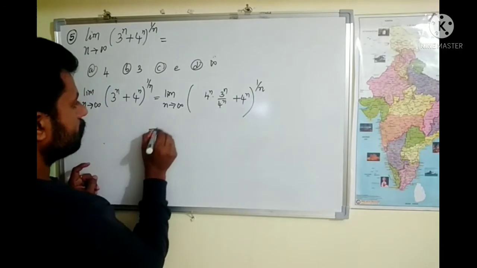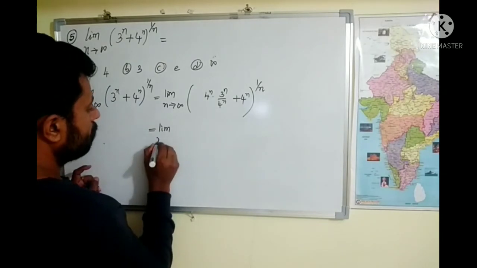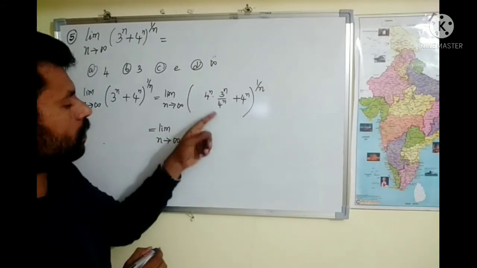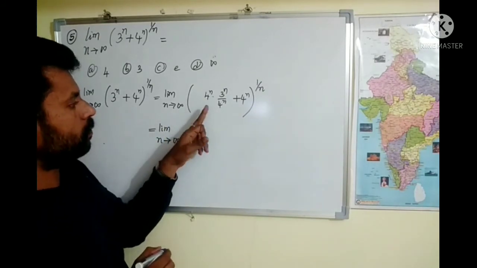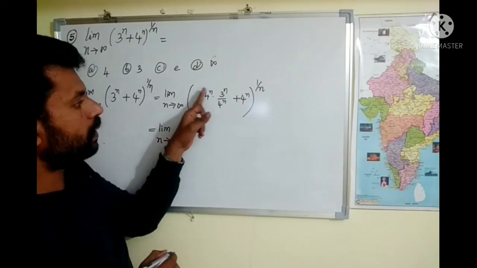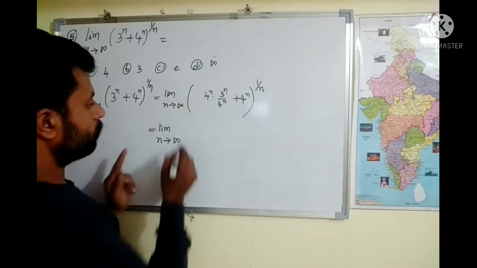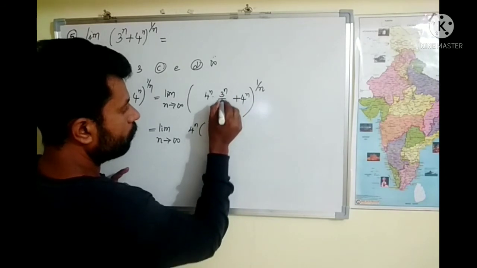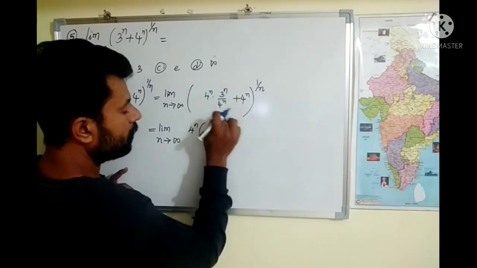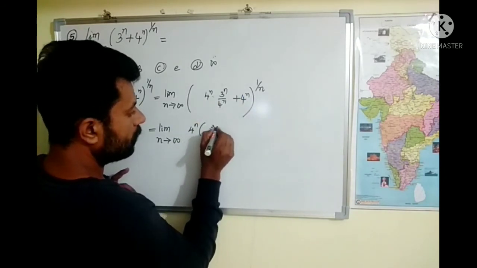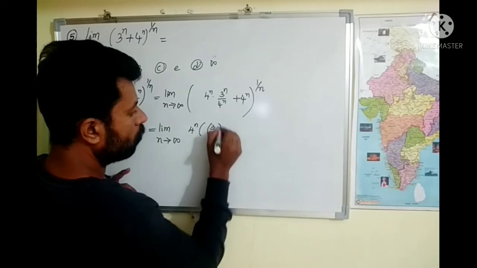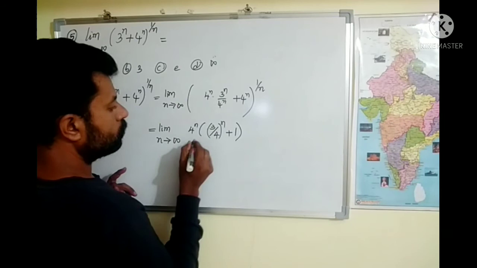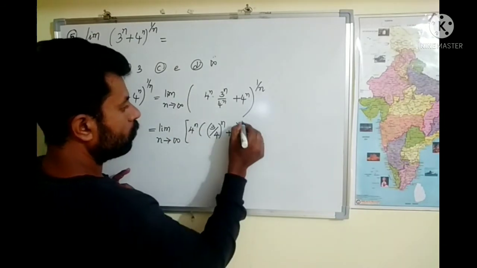So this result equals the limit n tends to infinity, take 4 to the power n as common. 3 to the power n and 4 to the power n have the same power. Now this result can be written as 4 to the power n of (3 by 4 whole to the power n plus 1) close bracket whole to the power 1 by n.